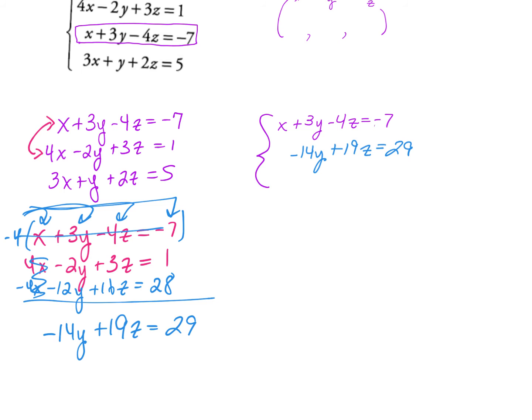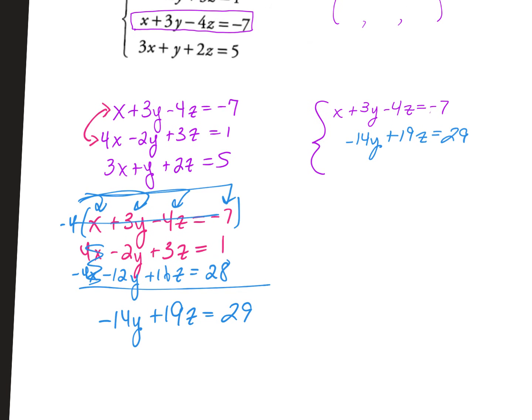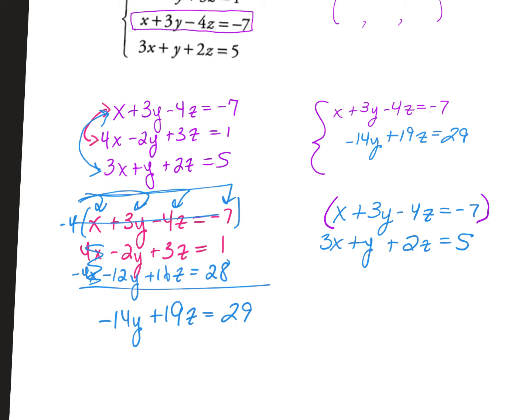Now my last equation right here should say z equals. So I've got to do 2 steps. I have to take the first and the third. We're going to eliminate our x's, and then we're going to eliminate y's. x plus 3y minus 4z equals negative 7, and 3x plus y plus 2z equals 5. Now what am I going to multiply that top equation by so my x's will cancel out?